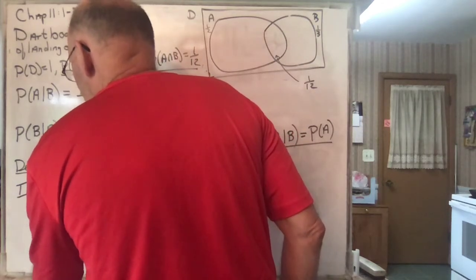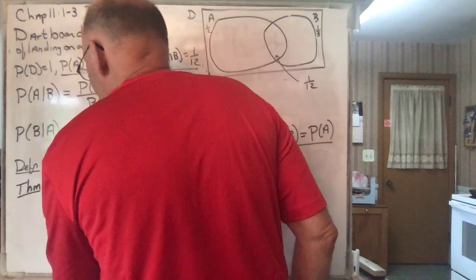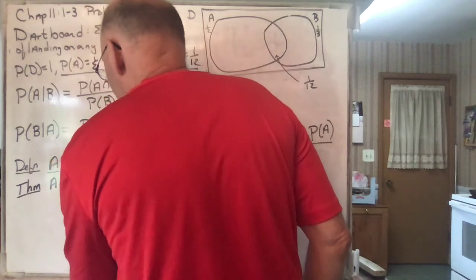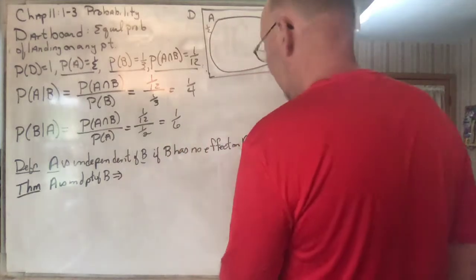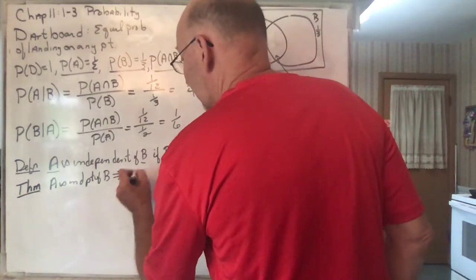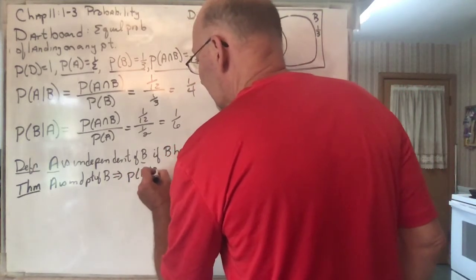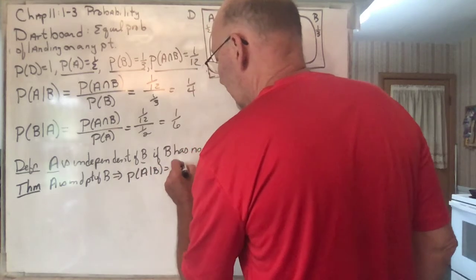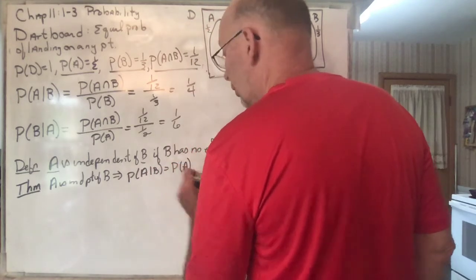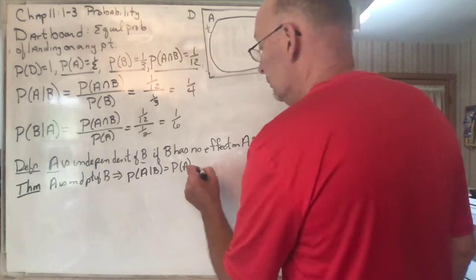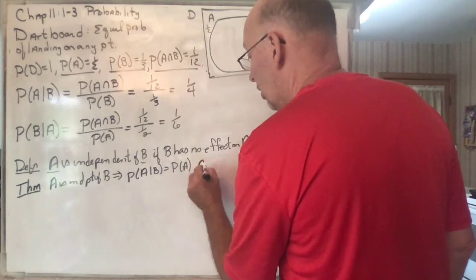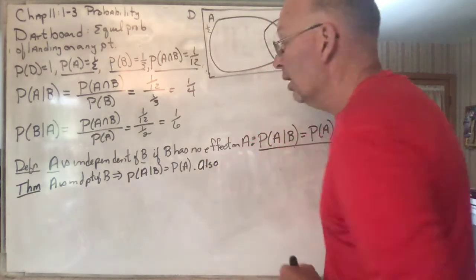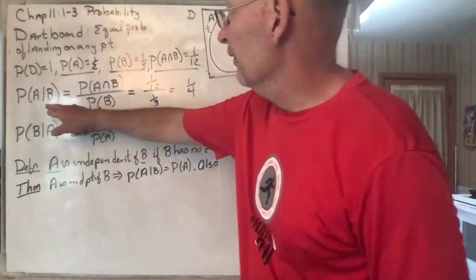If A is independent of B, that means, as I just said, that the probability of A given B is equal to the probability of A. We know that. Also, what's the definition of this?